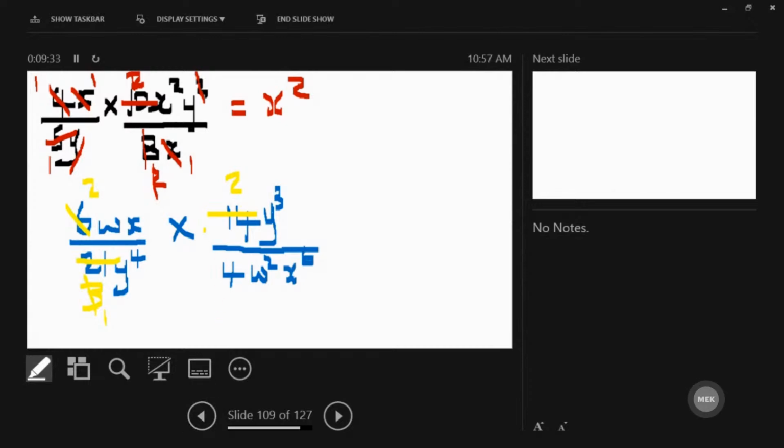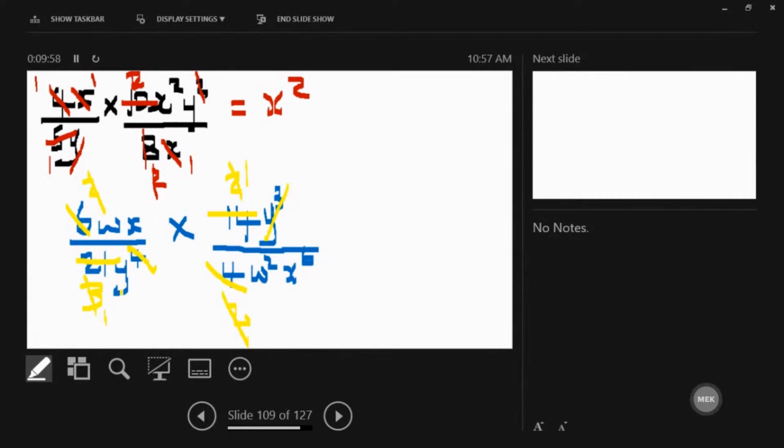2 can go into 4. So either this 2 or this 2 we can use. 2 into 2, 1. 2 into 4, 2. And then this 2 cancels that one. In terms of the variables, the y to the third power can go into y to the fourth power and 1y is left.